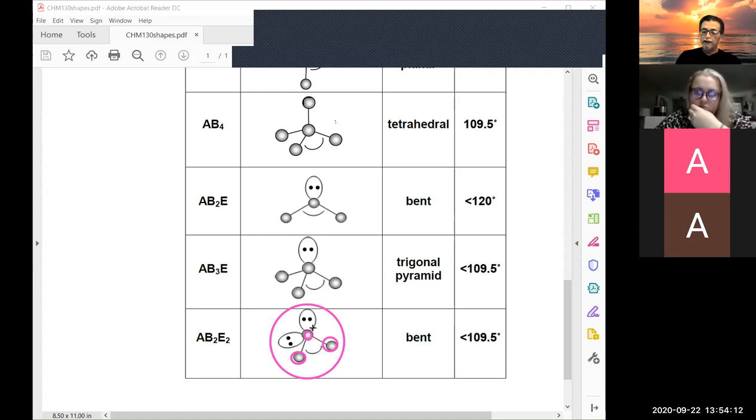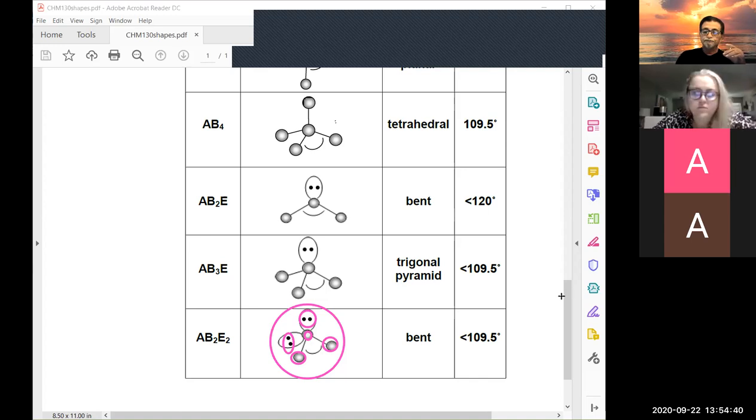But it also has 2 lone pairs of electrons on the central atom, okay, which are denoted by the subscript E. Now, this table only is specific for the central atom. What happens to the rest of the molecule is not important, only the central atom.